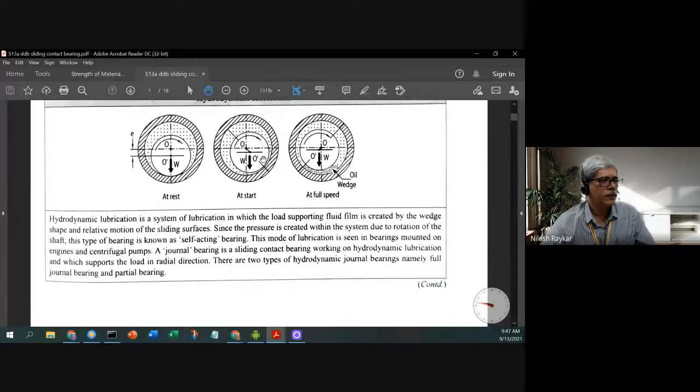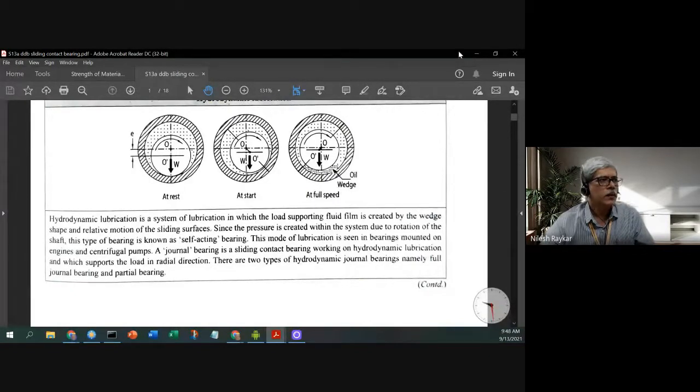As a result the shaft moves in the opposite direction and finally settles at one position where there is equilibrium between the forces generated in the oil wedge. Essentially the force generated in the oil wedge is the pressure. This wedge acts as a pump. Oil is sucked in from the larger end of the wedge and pushed out from the smaller end. In between there is an increase or variation of pressure, which gives the load bearing capacity to this bearing.